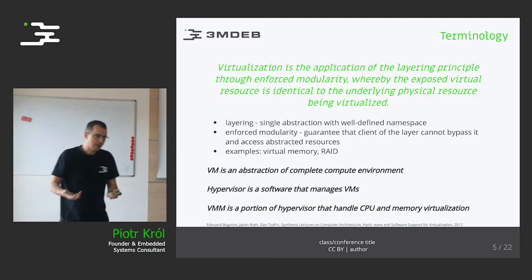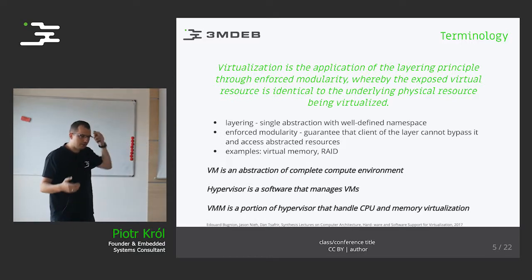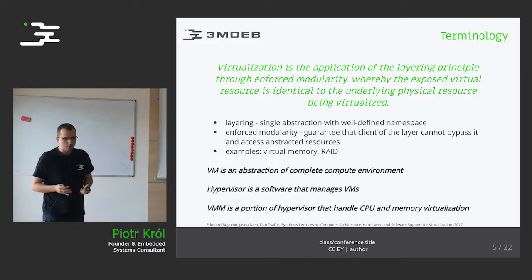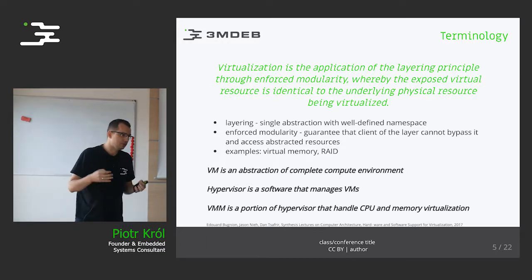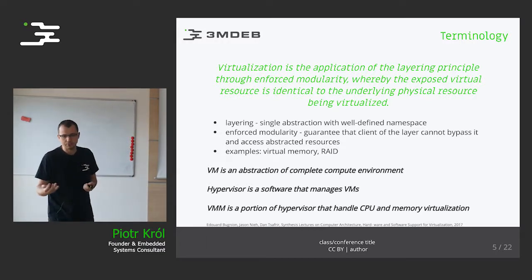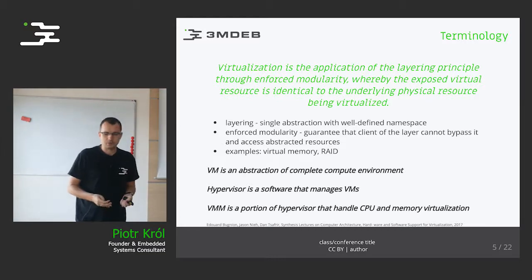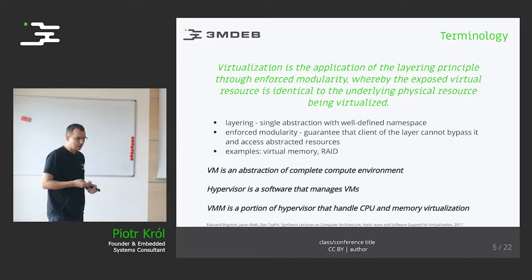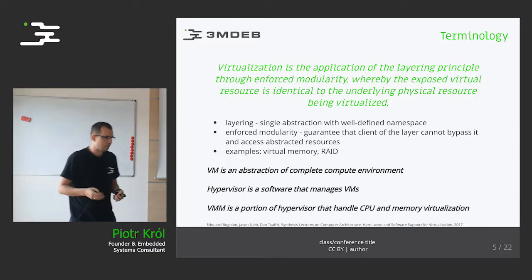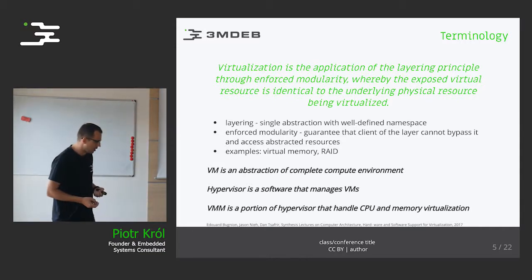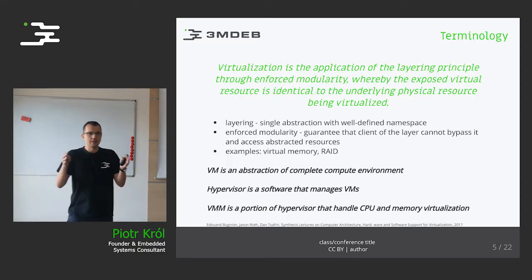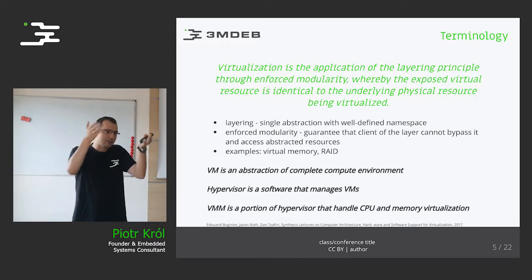So okay, this still is kind of vague, but if we think in real terms, for example about virtual memory, this is exactly what happens with page tables. Also, if we think about RAID disk arrays, we have a couple of disks, but we expose them as one logical disk.